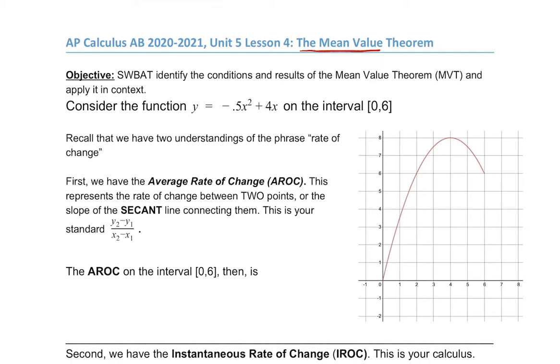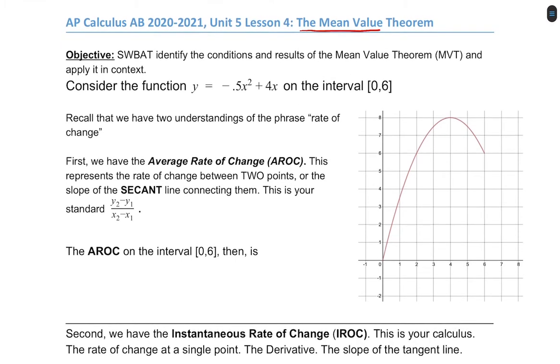And so first I want us to start by considering the function to the right. It's the function negative 5x squared plus 4x on the interval 0 to 6. And recall that we have two definitions of this phrase, rate of change. From sort of algebra 1, algebra 2 land, we have the average rate of change. That's your normal just slope formula between 2 points.